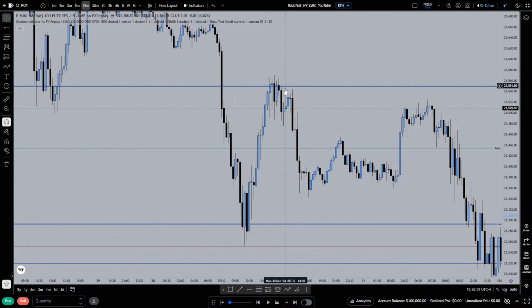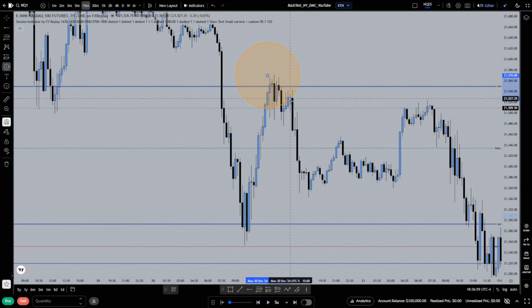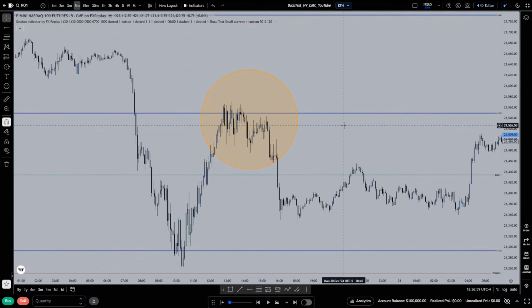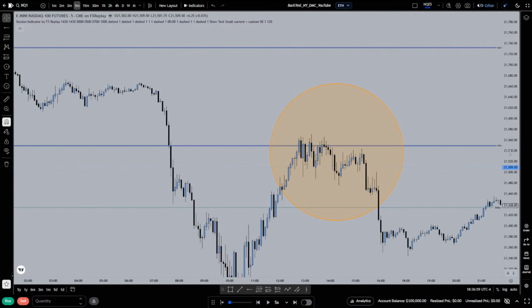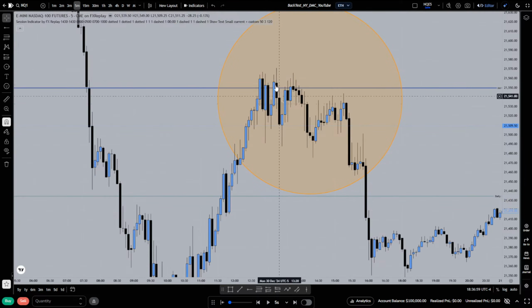The clue would be a swing failure. So we get kind of a swing failure here. Let's see if there is anything more visible in the lower time frame. So in 5 minutes, when we are in this line, we're close to this line.